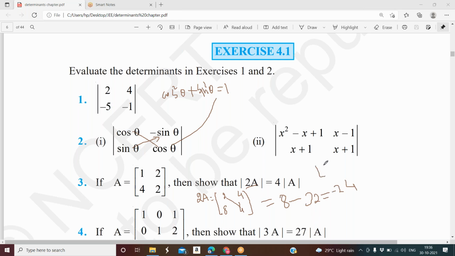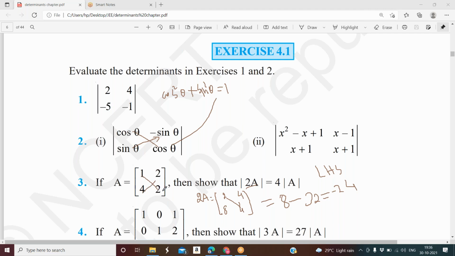This is the left hand side. Now consider the right hand side. What is the right hand side? 4 times determinant A. So first I have to find determinant A, then multiply it by 4. So what is determinant A? Downward arrow minus upward arrow, so it is 2 minus 8.